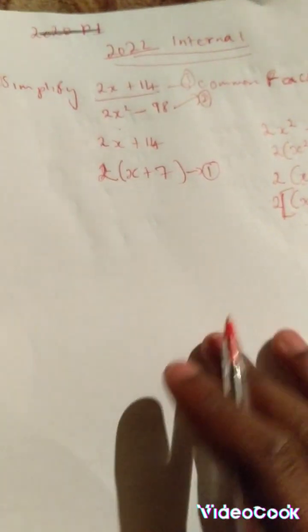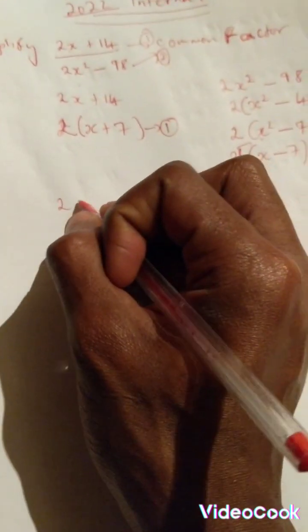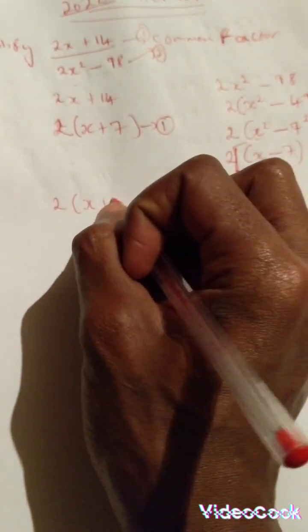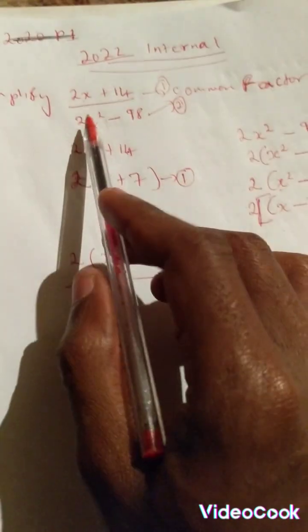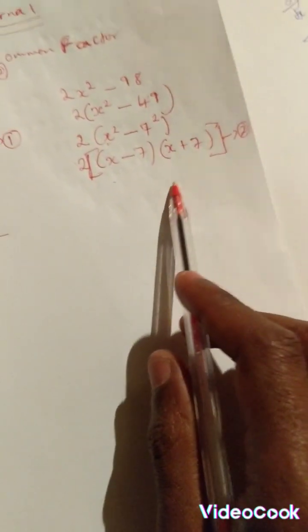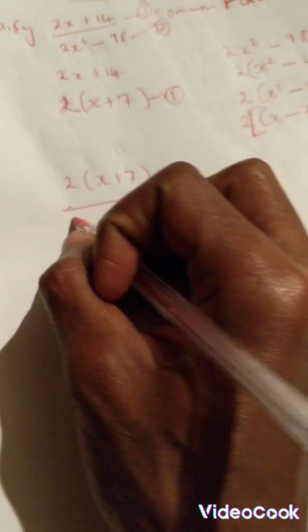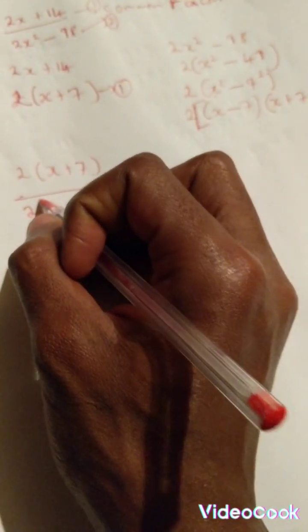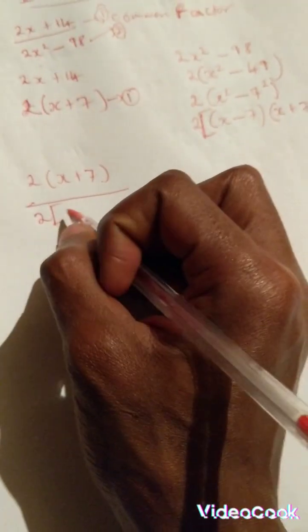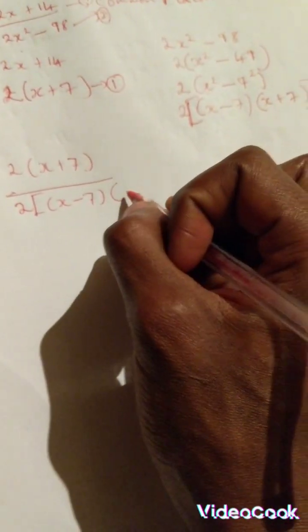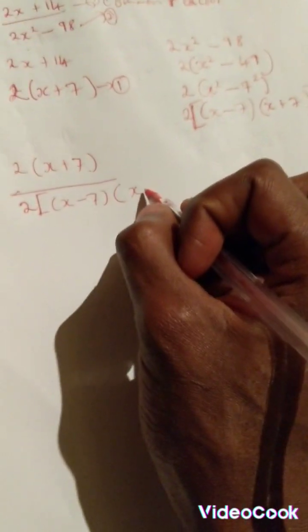Then you are going to write to say our first equation was 2 open bracket x plus 7, over, remember where we're coming from. Our second equation that we had found is this one. So we're going to say 2, brackets x minus 7, then open bracket x plus 7.